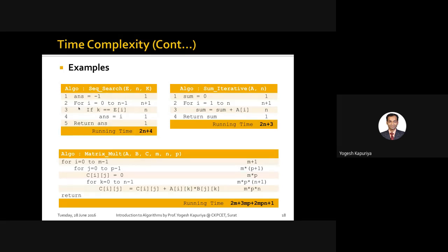At every instance of this loop, I will simply check, this should be capital K, or here it should be small k. You can just consider these the same. So if k is equal to the array element, that is E of i, then I say answer is equal to i.